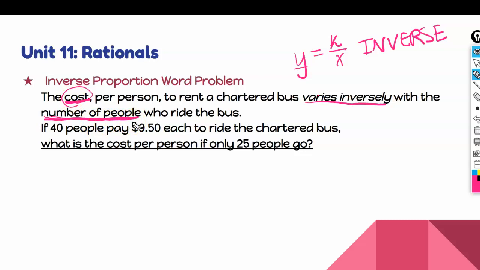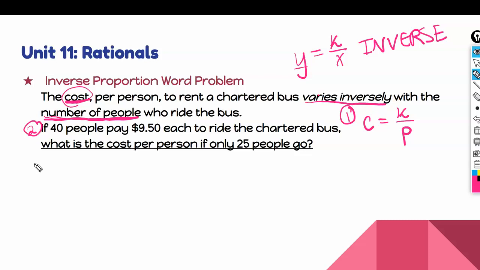So I've got that my cost equals k over people. Okay? So that's my first step. I want to figure out what my formula is going to be. My second step is going to be to find k. All right?